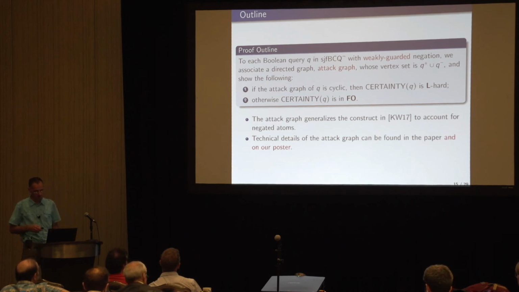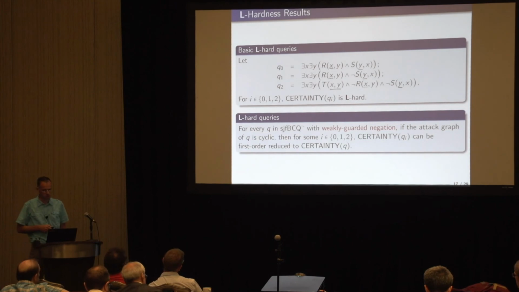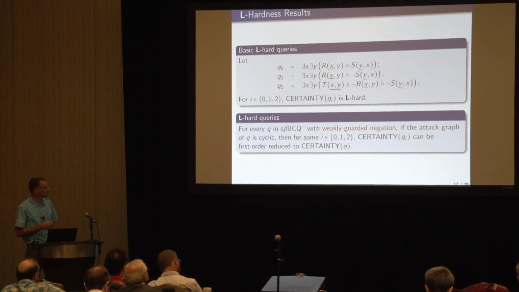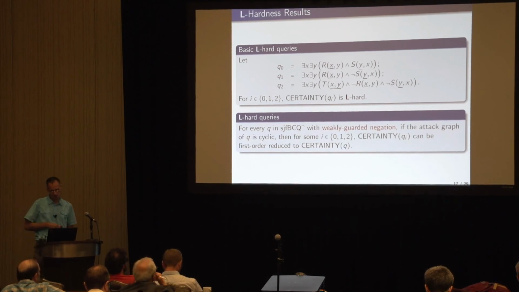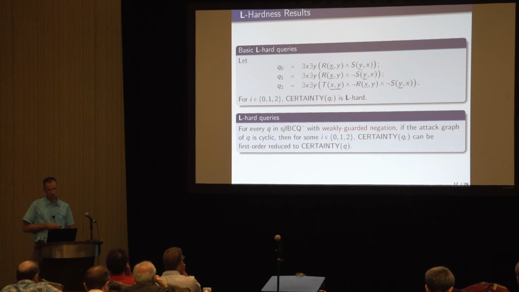So how do we show L-hardness? Well, we just have three basic queries, like Q0 without negated atoms, Q1 with one negated atom, and Q2 with two negated atoms. And we showed that for each of these three queries, the problem certainty Qi is L-hard. And then we generalize this result.